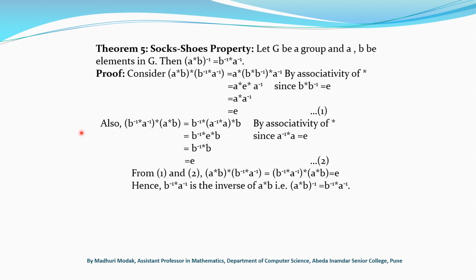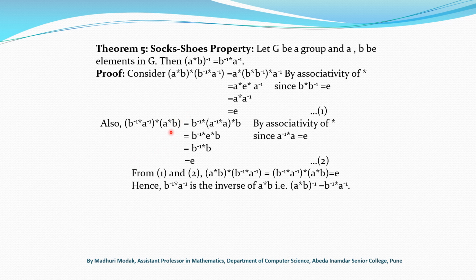Now another part is B inverse star A inverse star A star B. Similar to the previous case, by using associativity we get B inverse star A inverse star A, star B. Now A inverse star A is identity. Again by using the definition of identity, this is B inverse star B, which is identity.